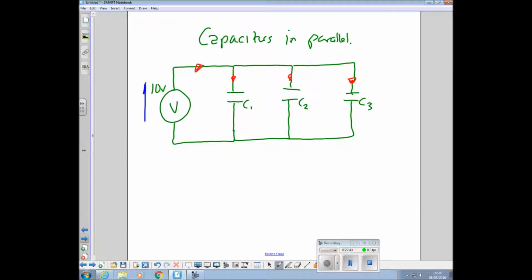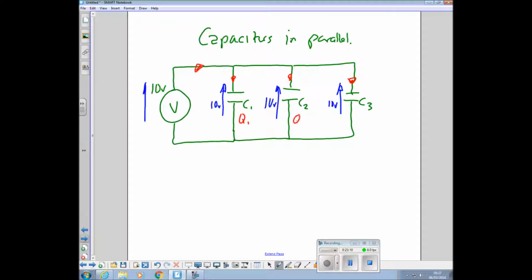Here, we'd have a 10 volt anti-clockwise arrow there. And there, because that's another separate loop, and we'd have it there as well, because that's another separate loop. Agreed?